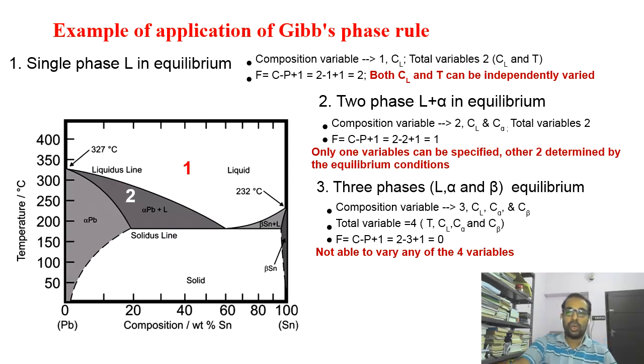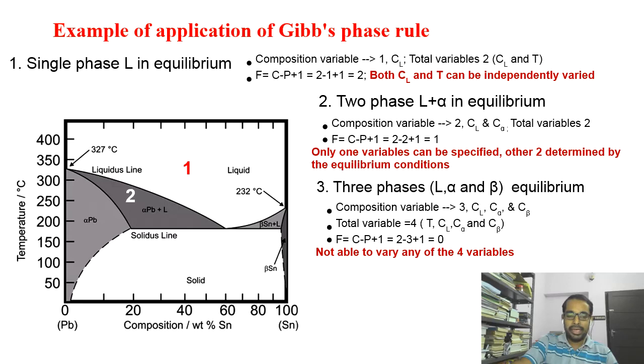That means there is no degrees of freedom. So that means in a three phase equilibrium, with three phases in equilibrium state, we are not able to vary any of the four variables. So we cannot specify any of these four variables, but this will be fixed.